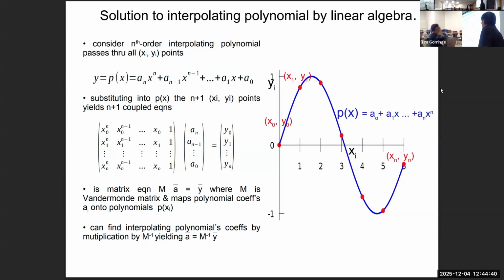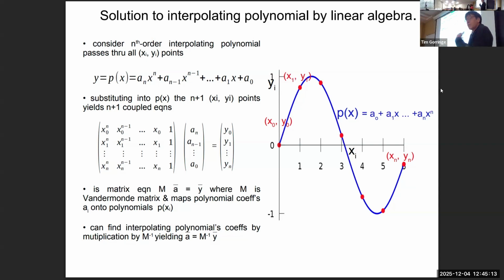Okay, so we're going to consider putting an nth-order polynomial through our set of n plus 1 data points. If you've got n plus 1 data points, then a polynomial of order n can pass exactly through those data points.